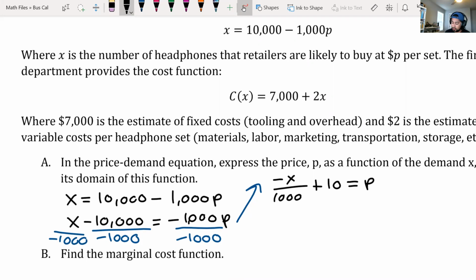And all I'm going to do is rewrite this as a decimal number, such as 1 over 1,000, which is negative 0.001x plus 10 equal to p.